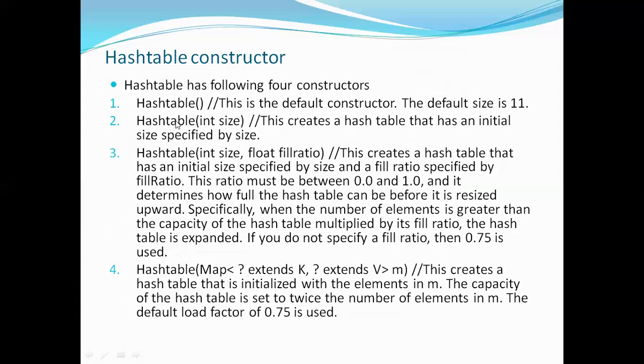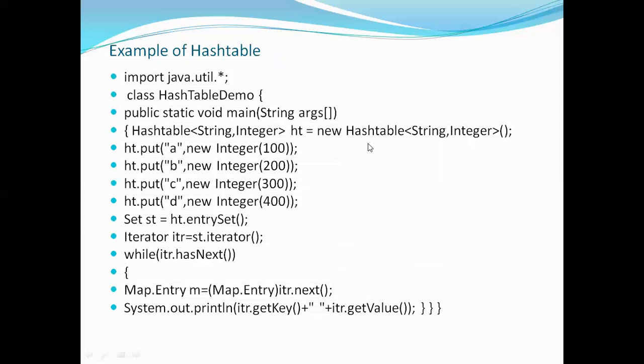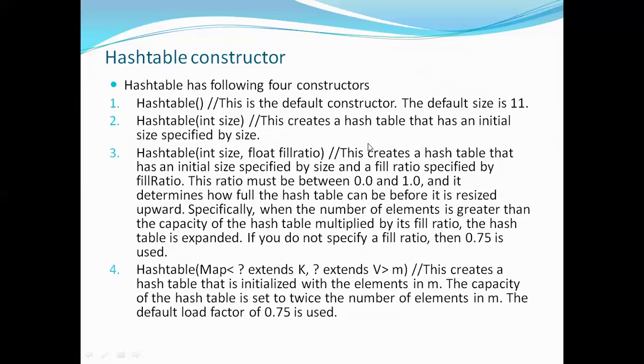Next is HashTable(int size, float fillRatio). The fill ratio specifies how full the hash table can be, meaning how many are free and how many are filled. The fill ratio should be between 0.0 and 1.0.